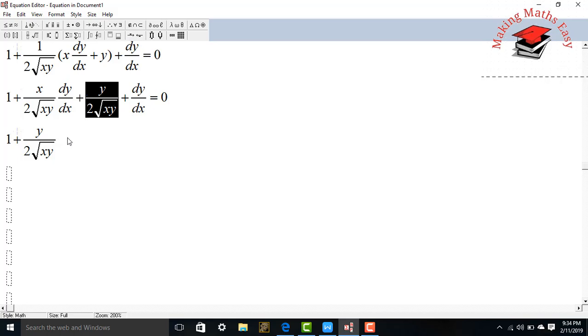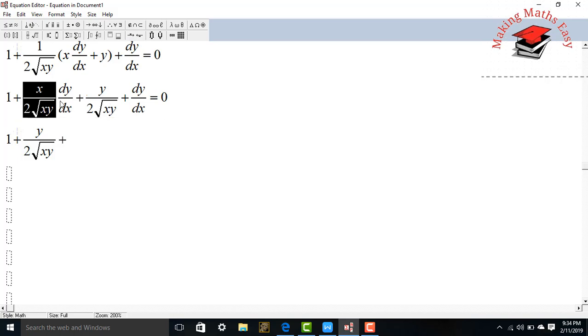The same thing we have to do over here. So we have to separate the dy by dx terms, or derivative terms, or the terms adjoining the derivatives. So I have taken these two terms, 1 and y divided by 2 square root of xy.